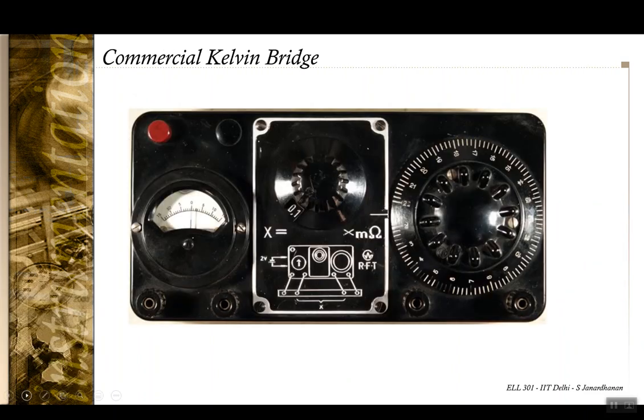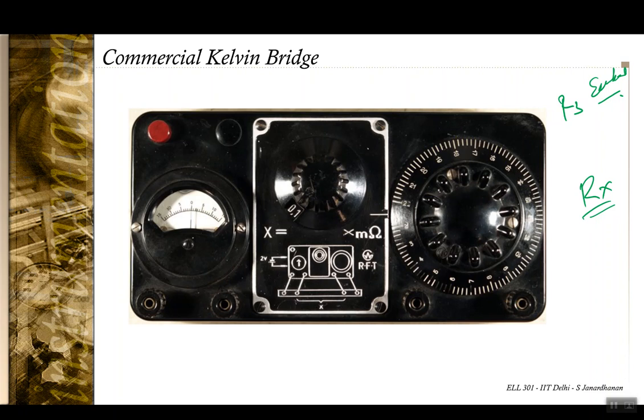Okay, so this is the typical commercially available Kelvin double bridge. Okay, so you already have R3 embedded inside. Okay, and this Rx needs to be connected through these 4 terminals that are here. There is even a diagram here that shows.